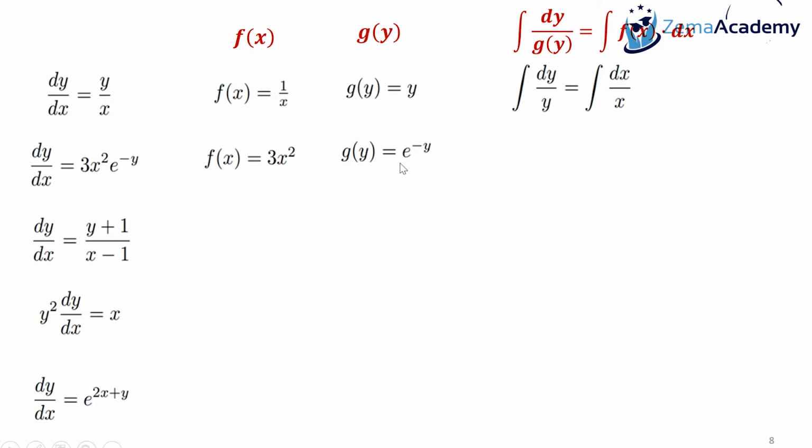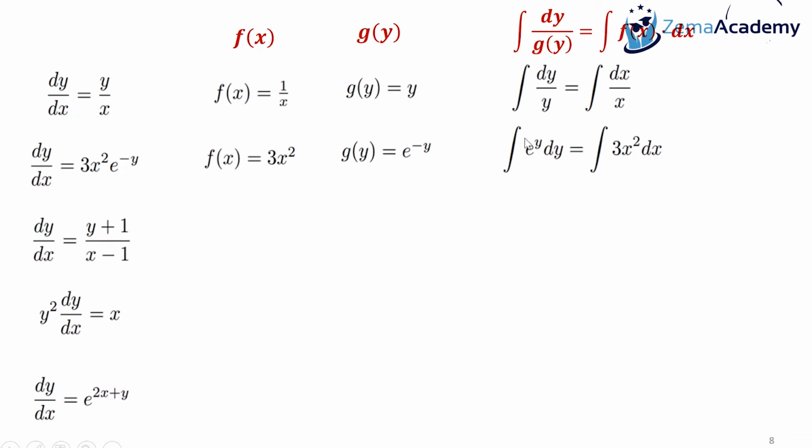So now, since I have identified f(x) and g(y), I can place them in the formula. g(y) is e to the power minus y, and that means it is lying in the denominator. If I bring it up in the numerator, the power will become positive, because it is dy over e to the power minus y.